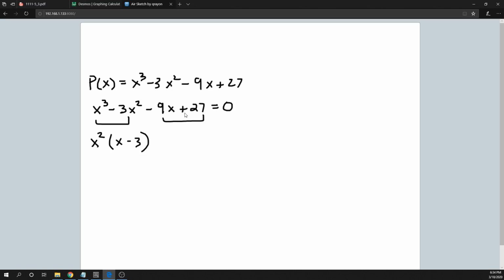So instead of pulling out a 9, I'm going to pull out a negative 9, so the signs work out. Negative 9x, factoring out a negative 9, gives a positive x. And the plus 27, factoring out a negative 9, gives a minus 3.